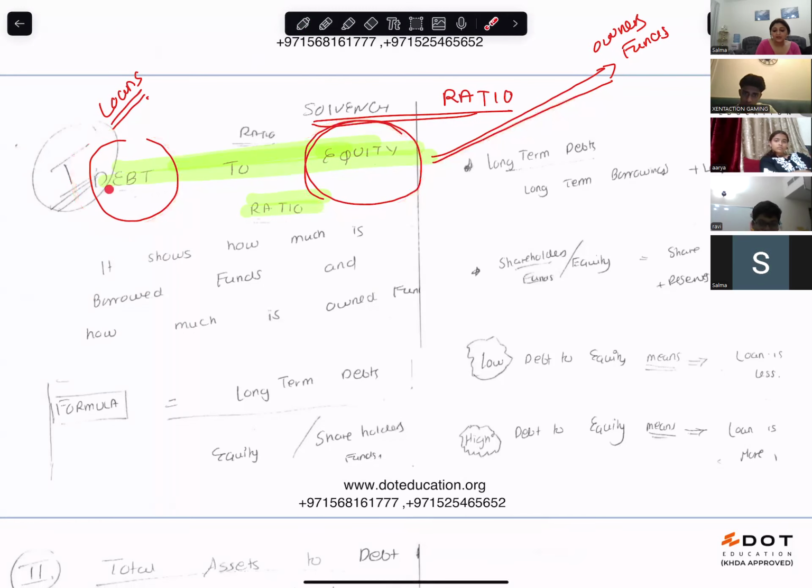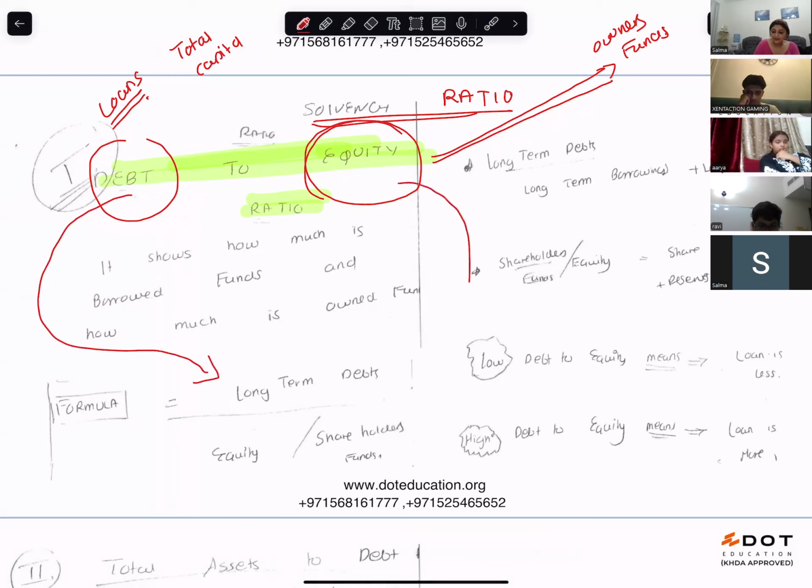So when I am talking about your debt to equity ratio, it tells me, in my total capital, how much is the borrowed funds and how much is the own funds. When I say debt, the debt will come in the numerator.